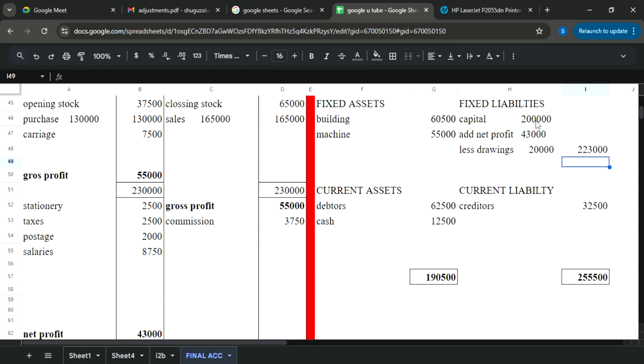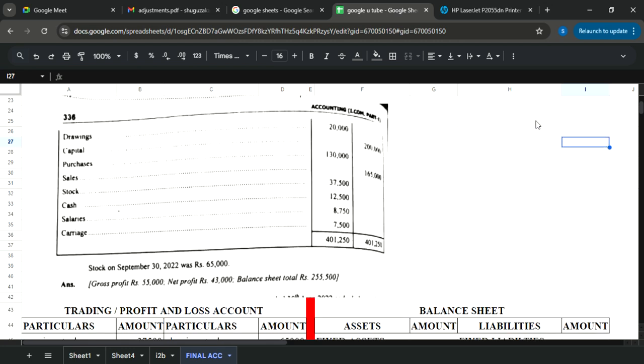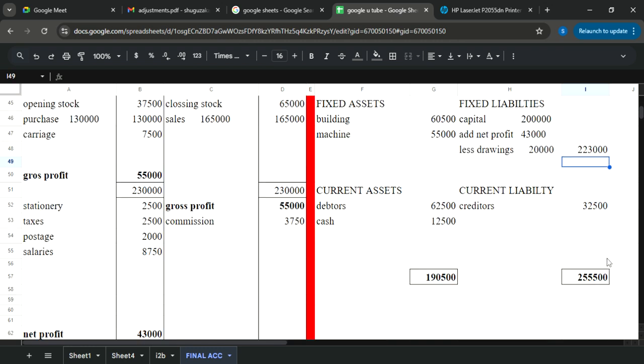The final amount we have got, and you can see that the balance sheet total is 2,55,000, and this has been solved to 2,55,000. The only thing left over here is your closing stock. Because closing stock was written outside the question, it would come two times. It would be written two times.